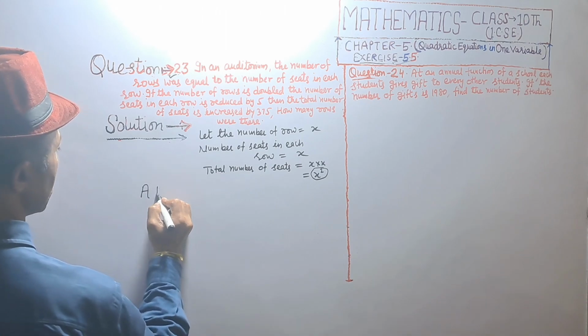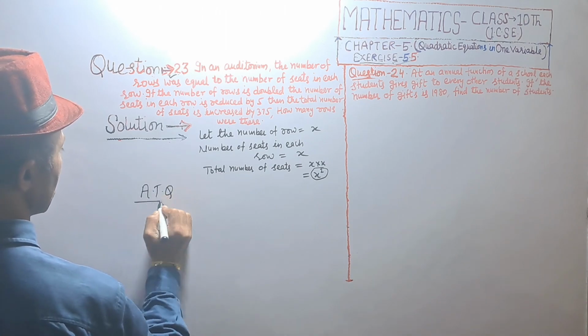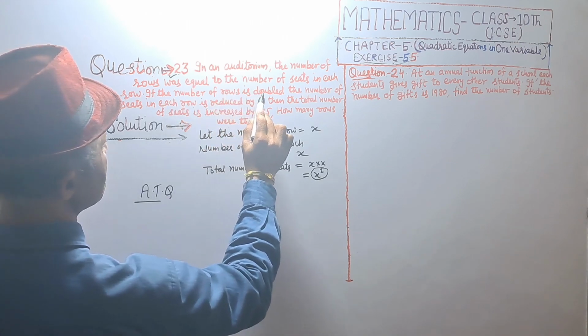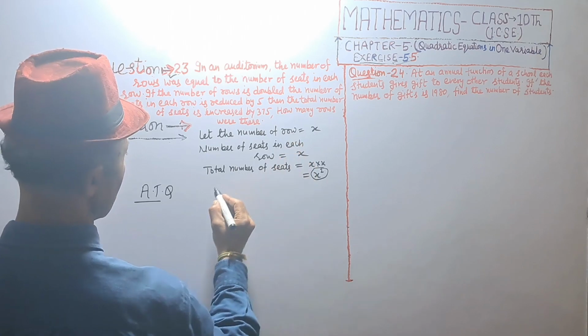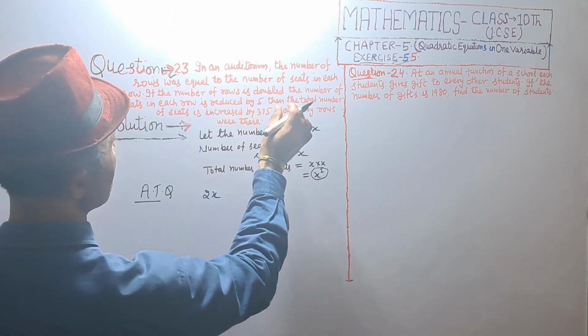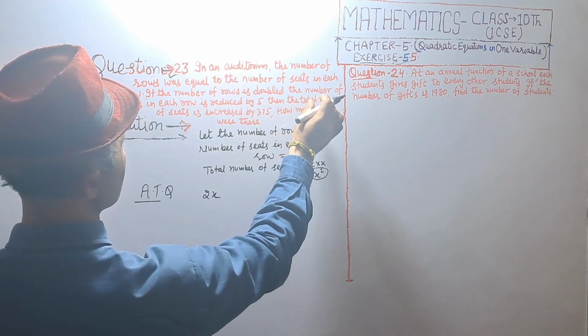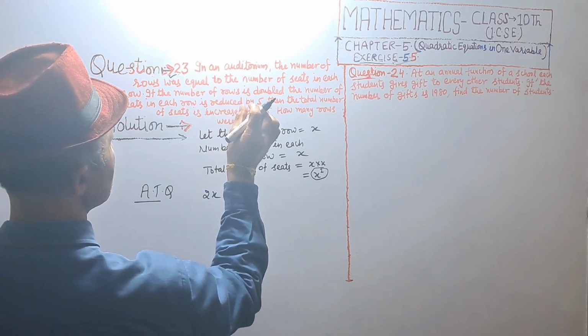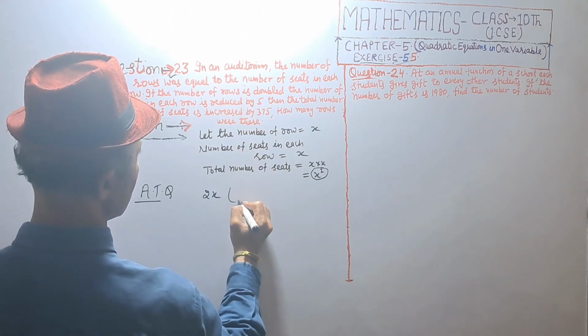According to the question, if the number of rows is doubled, 2x, the number of seats in each row is reduced by 5.